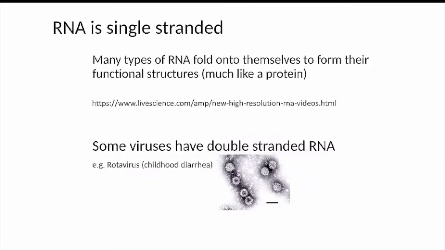One of those viruses is the rotavirus, and the rotavirus causes childhood diarrhea. Almost every human child on the planet gets rotavirus, and almost every human child gets rotavirus multiple times during their childhood. The immunity to this virus increases with each subsequent infection, to the point where when you're an adult, you almost never get an infection from rotavirus. But this particular type of virus has double-stranded RNA.